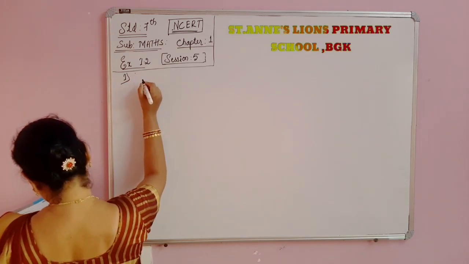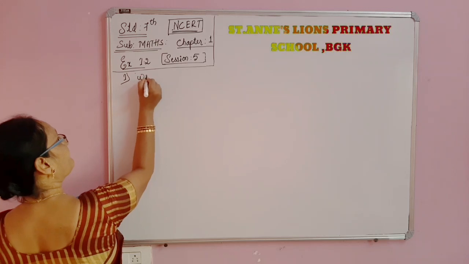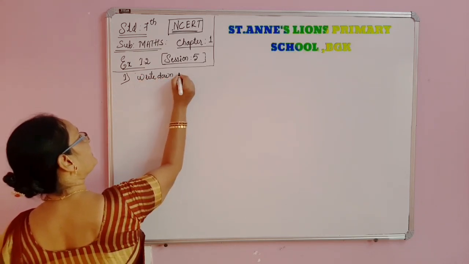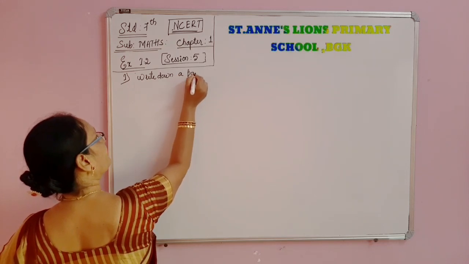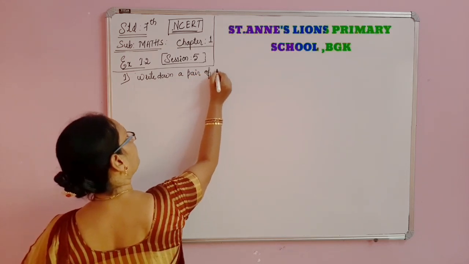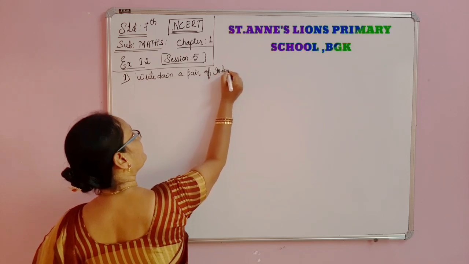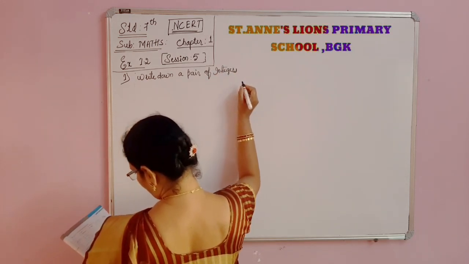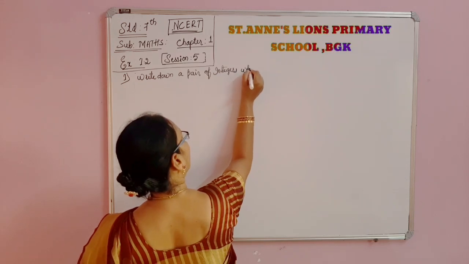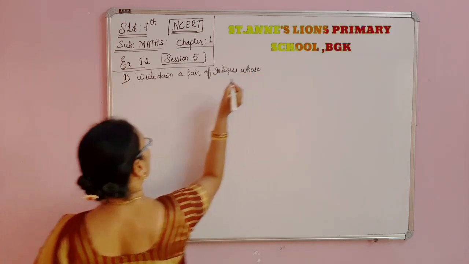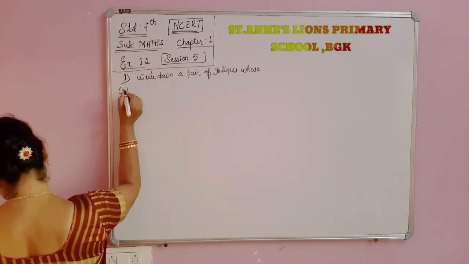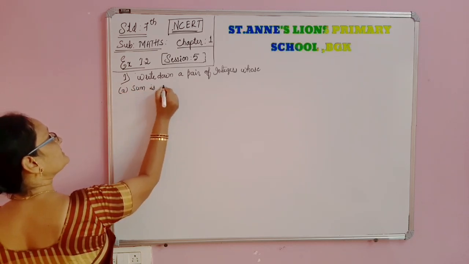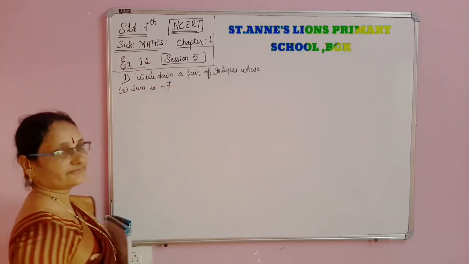Write down a pair of integers whose sum is minus 7.